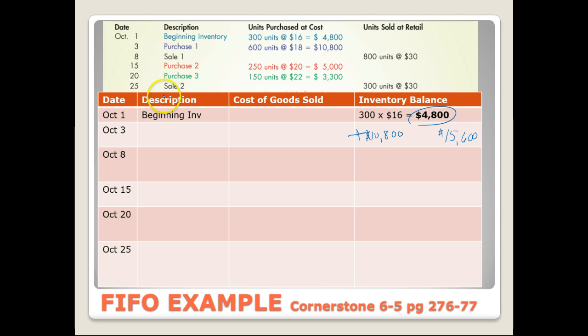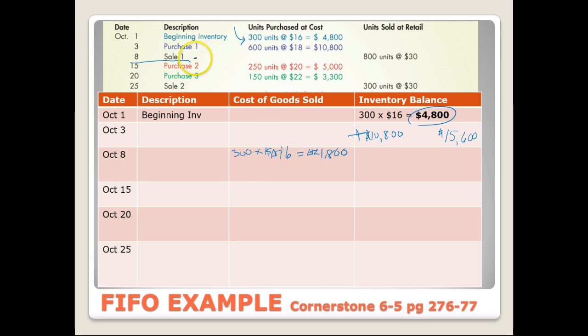Then on October 8th is when we have the sale. We know that first in, first out says we would have grabbed those 300 units from the first in grouping. They're $16 a unit, so that means $4,800 of value was sold right then.